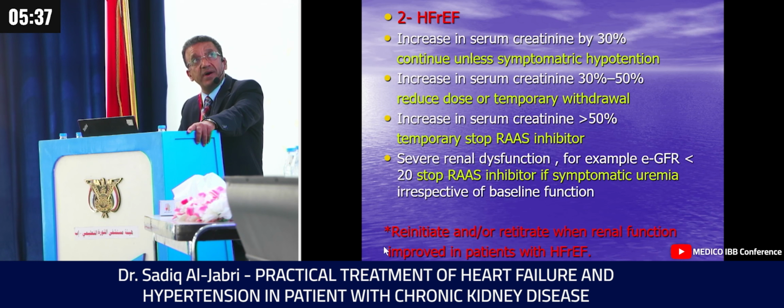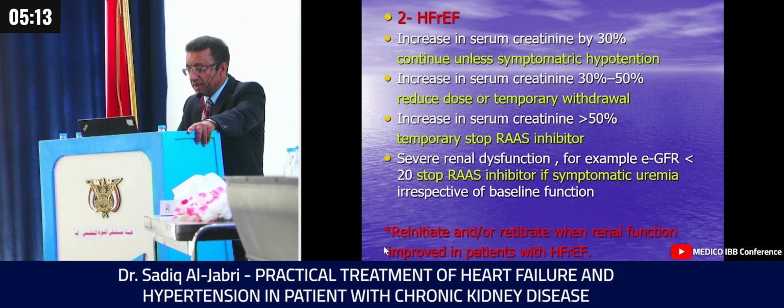In heart failure with reduced ejection fraction, we have to use and make the most of the beneficial effect of the RASI inhibitors and ARNIs, even with an increase in serum creatinine up to 30%. Keep the patient under observation, but in case of an increase up to 50% of the baseline, try to decrease the dose and titrate it. But if there is an increase of more than 50%, we have to consider stopping the RASI and the ARNIs.